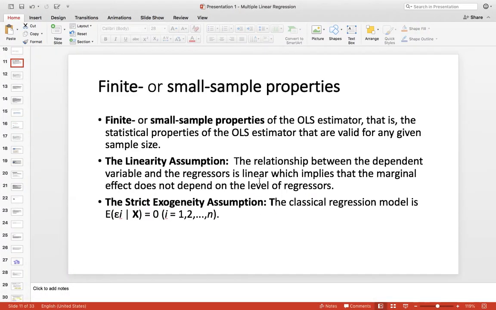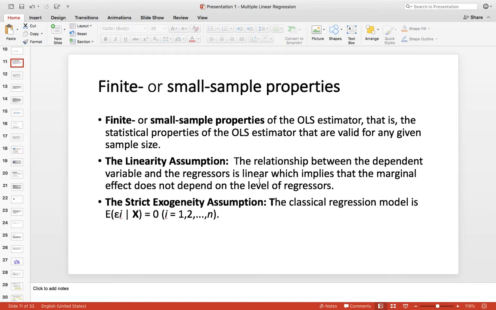So regression diagnostics, before we begin, finite or small sample properties. These are the properties that are applicable to small samples, because when small samples are used to estimate, the estimate should give you reliable values which are true of the population parameter. The first assumption is the assumption of linearity.